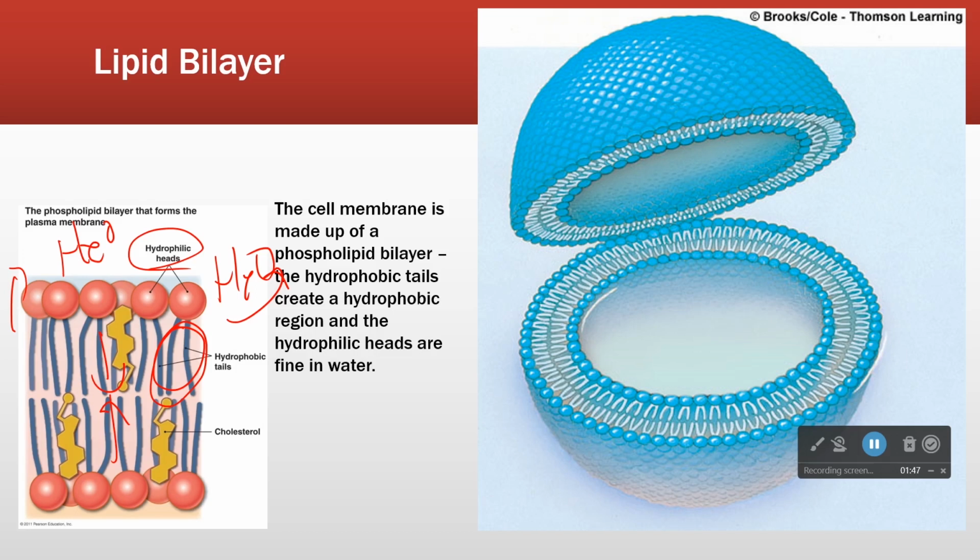It creates an inside the cell, which we'll call intracellular, and an outside the cell, extracellular. Now, why is that difference so important? Because essentially that's what makes alive, is that the inside is different than the outside, right? So because of this structure, we get this exclusion of material.